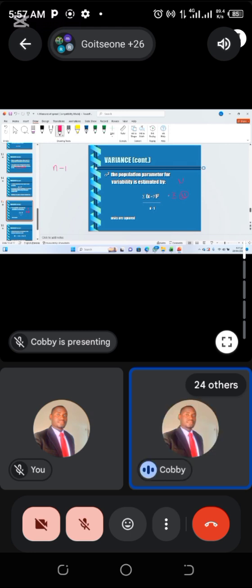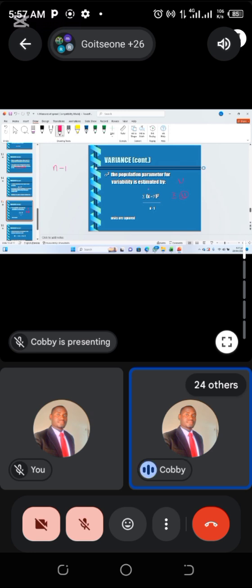So those ones that you sample out, you can find the mean for them. That mean is denoted by X bar. This is just a symbol to show that you are dealing with a sample. When they see mu, they will know that you are dealing with the entire population.